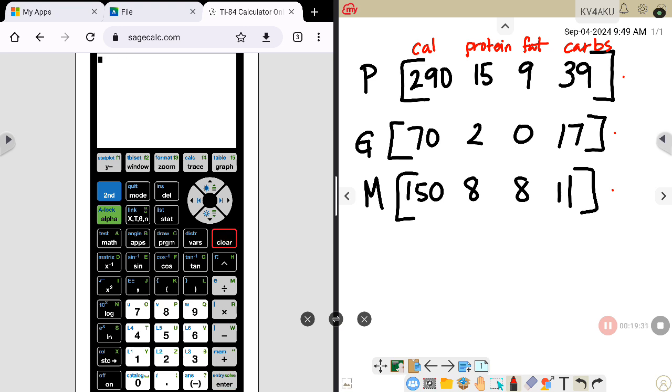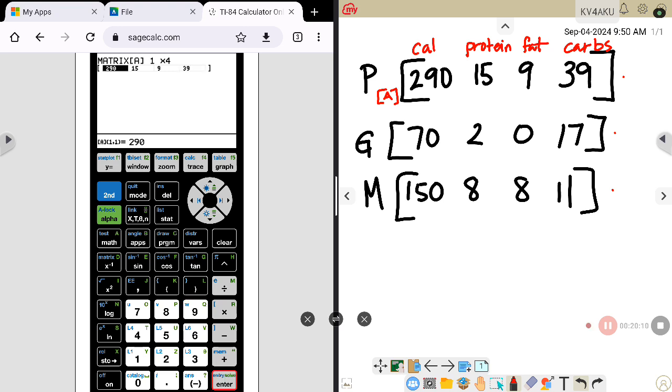Second, matrix, going over to edit because I want to edit a new matrix. The first one, the P, we're going to put in matrix A in our calculator. I need to tell it the order, which is 1x4, and then enter those values. So 290, 15, 9, and 39.